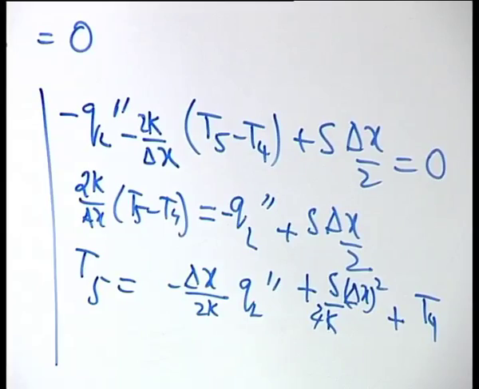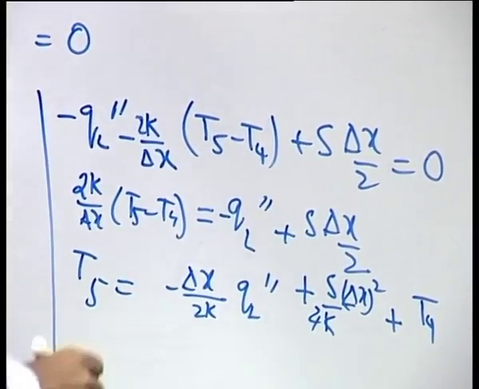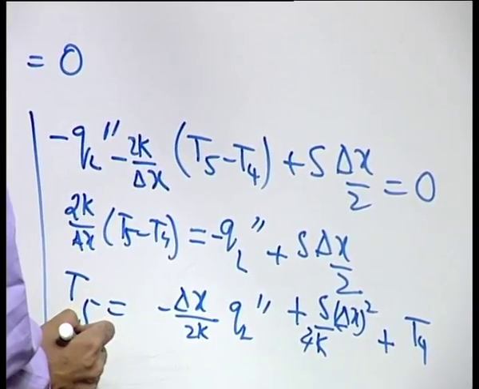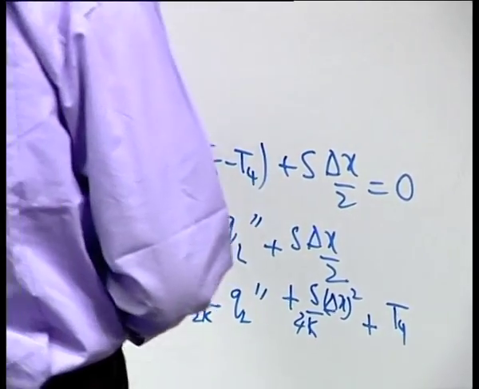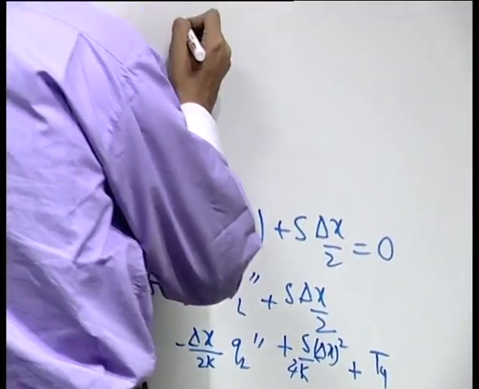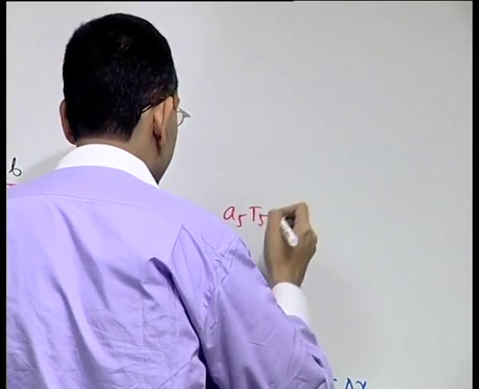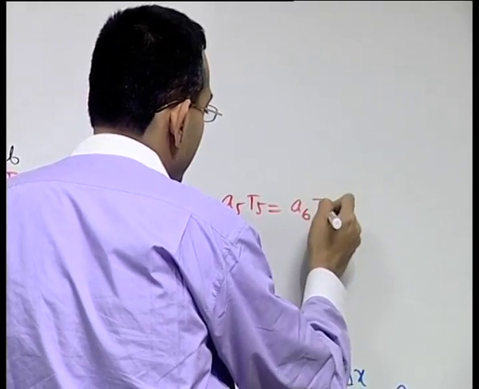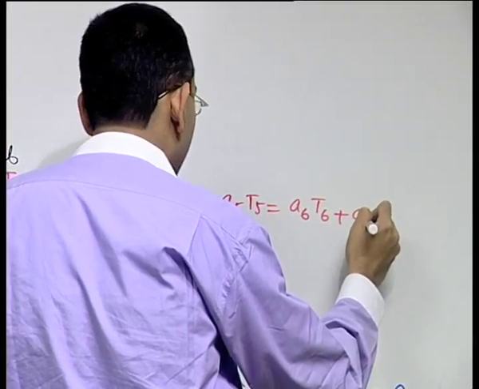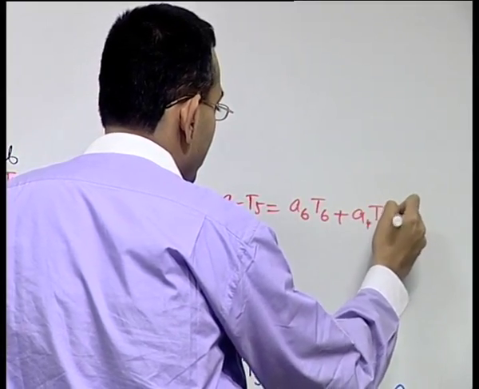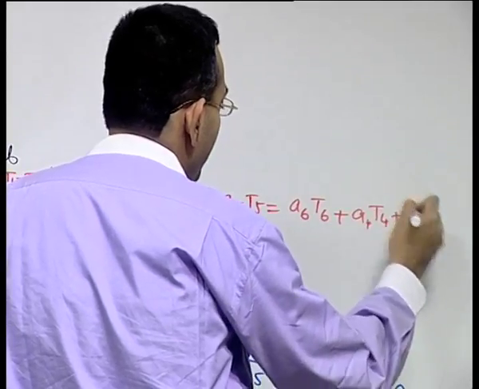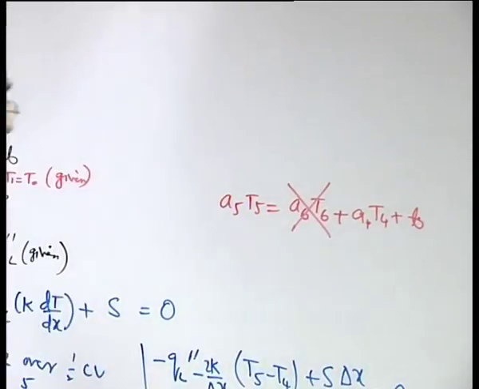So, this is again an equation of the form A5 T5 is equal to A6 T6 plus A4 T4 plus some B, where there is nothing called A6 because there is no grid point 6.